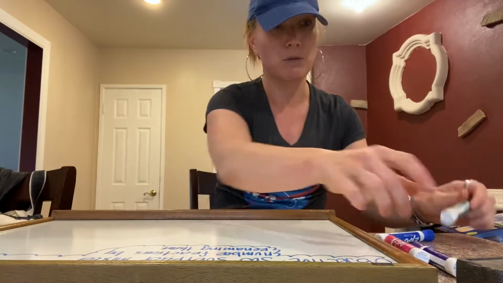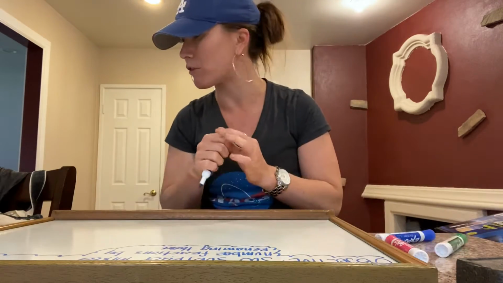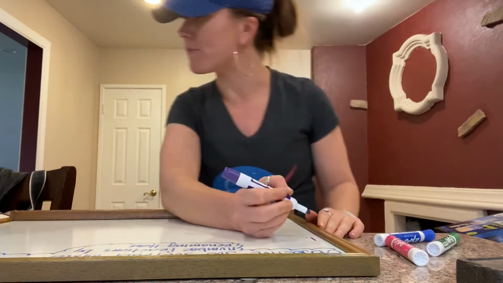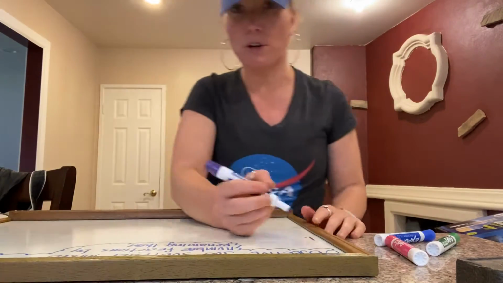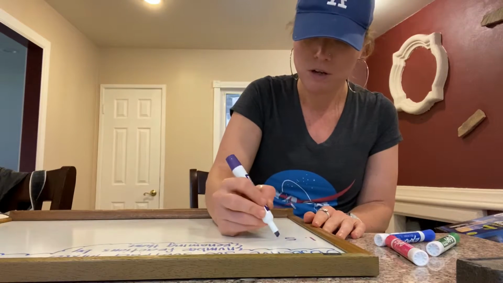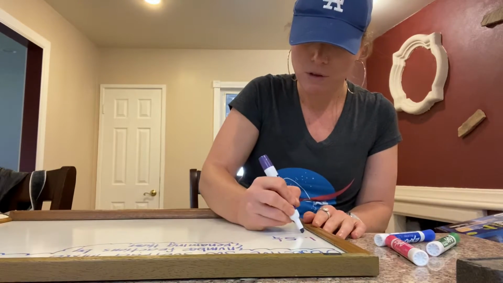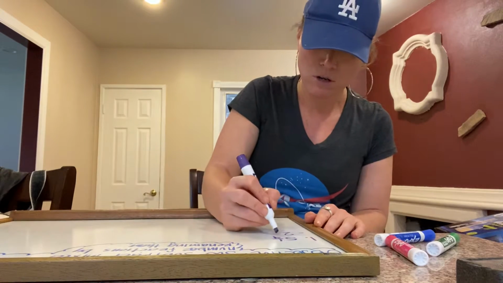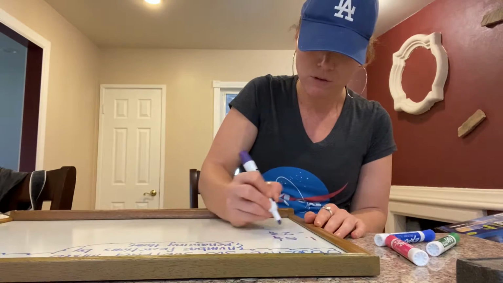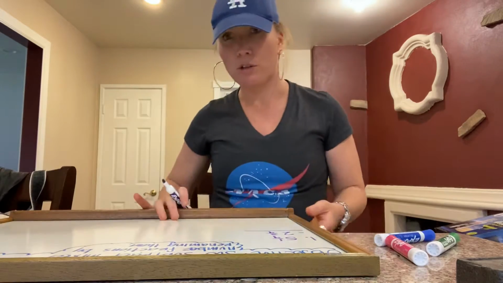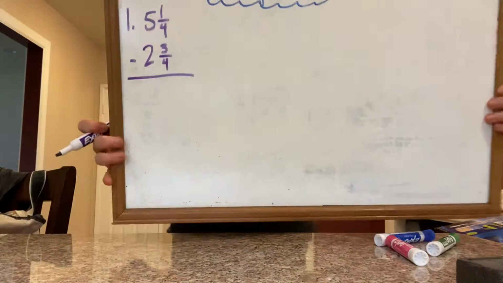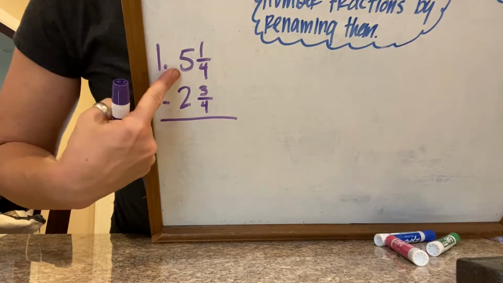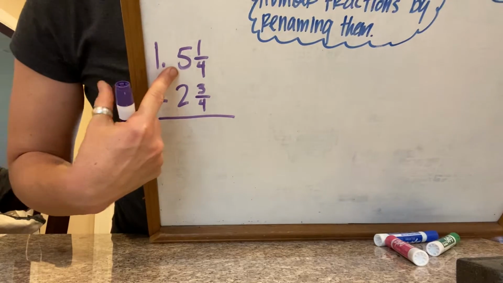Actually, let me use purple instead of green. All right, so number one. We have 5 1/4 minus 2 3/4. Just to review, remember that when you rename a mixed number fraction, you're going to multiply and then add.